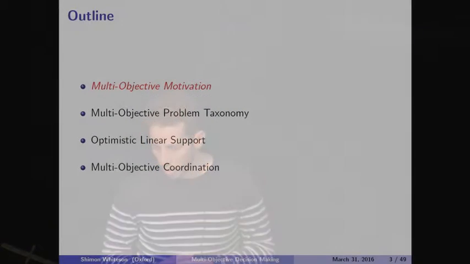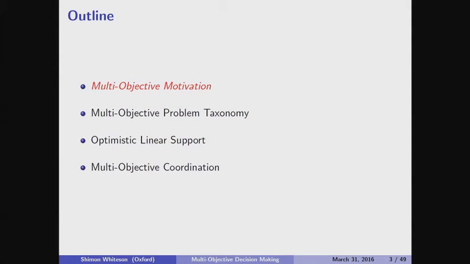So what I'm hoping to do in this talk is to start by really explicitly motivating multi-objective decision-making, because unlike some other research topics, the motivation is actually not self-evident. So I want to really convince you that it makes sense to reason about multi-objective models and to develop multi-objective algorithms.